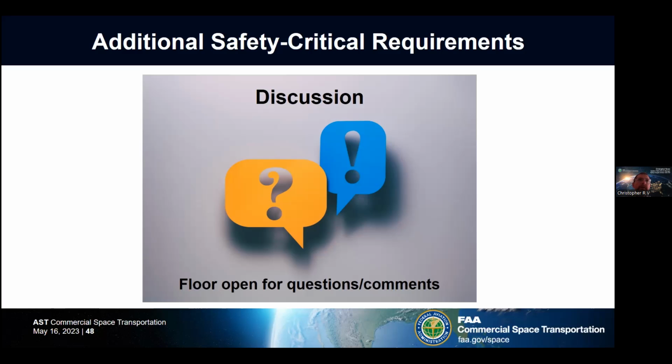And then we went further to discuss the additional safety critical system requirements sprinkled throughout 450 that are all tied back to the identified safety critical systems, primarily through the functional hazard analysis and other system safety analyses.